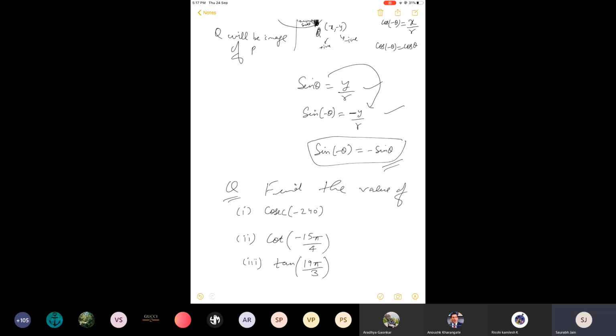We'll be solving these last three questions for today. With that, we'll end the class. And from the next class, we'll study formulae like sine A plus B, cos A minus B, and something like that. So that we'll keep for the next class.